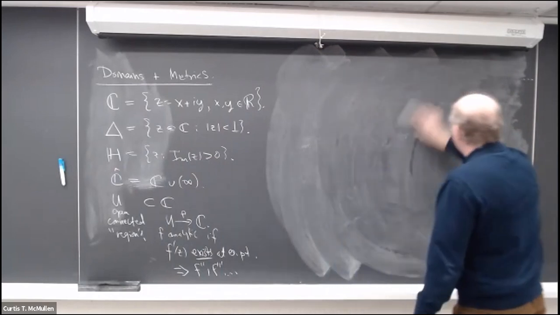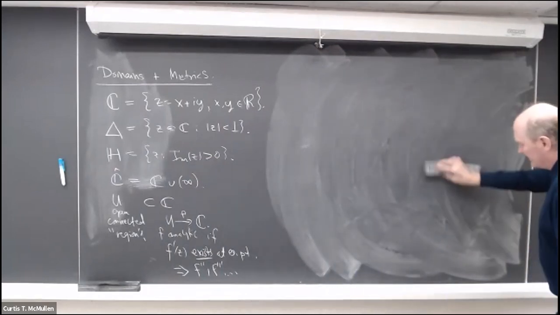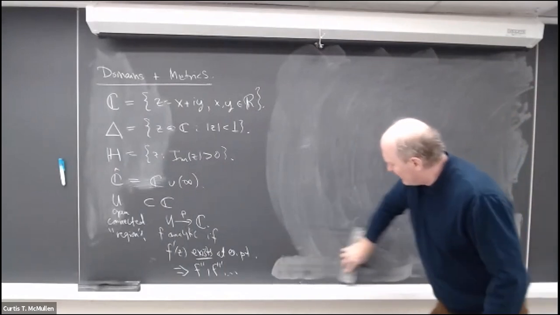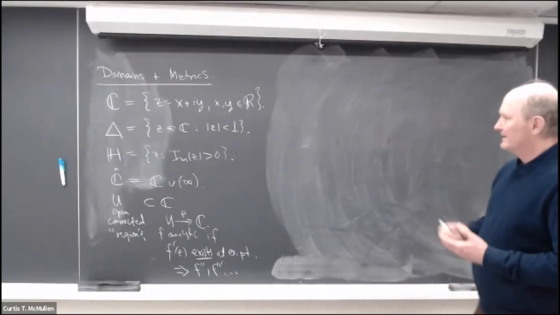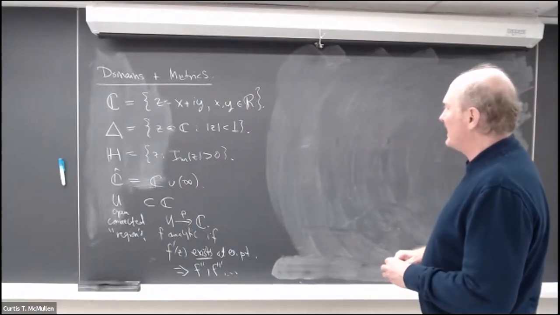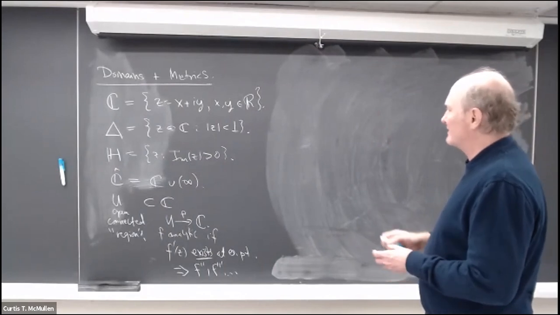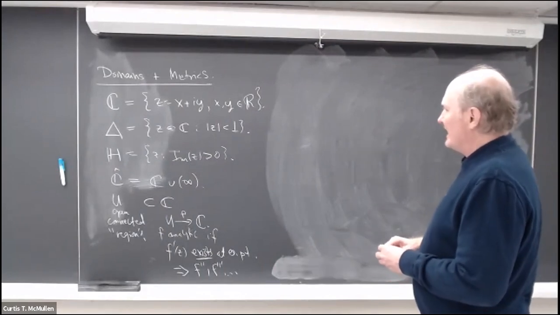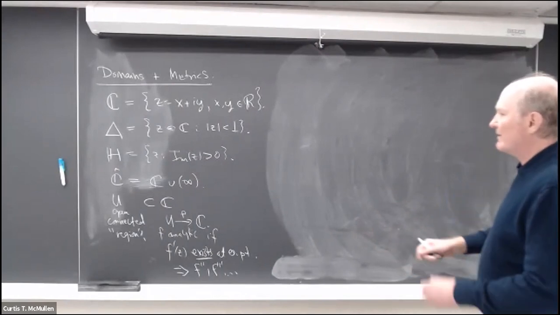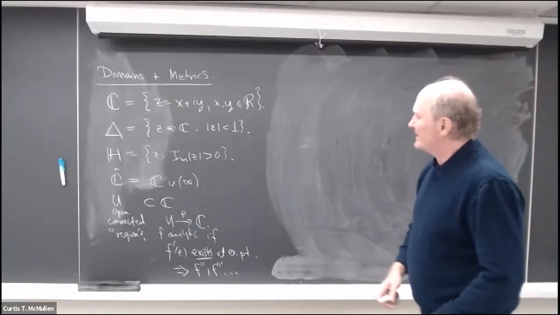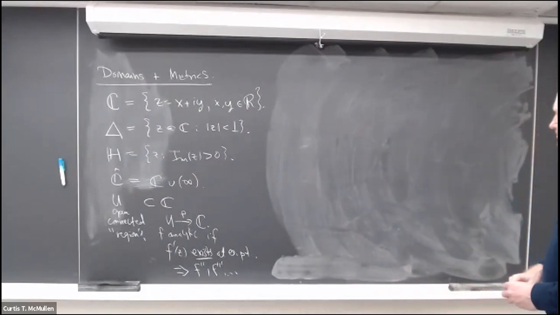One, it's going to allow us to put geometry on a great many different regions in the plane and even abstract Riemann surfaces. And the other is it's going to give us a concrete way of thinking geometrically about these objects.